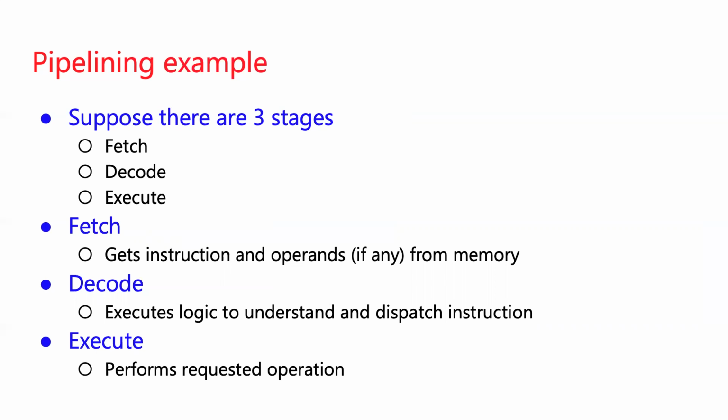So maybe that's the next stage, just figuring out what the instruction is telling the processor to do. And then we actually perform the instruction. We actually modify the contents of registers, or we actually write the result to memory. So executing an instruction requires those 3 stages: fetch, decode, and execute.